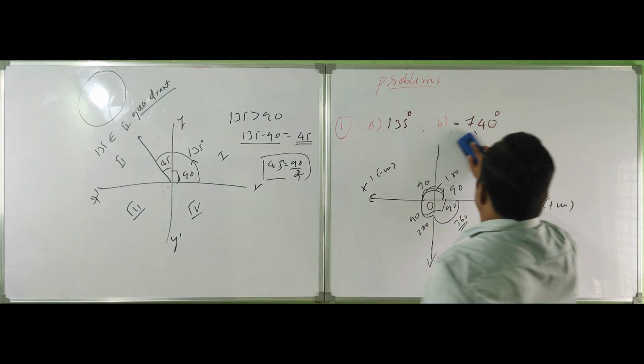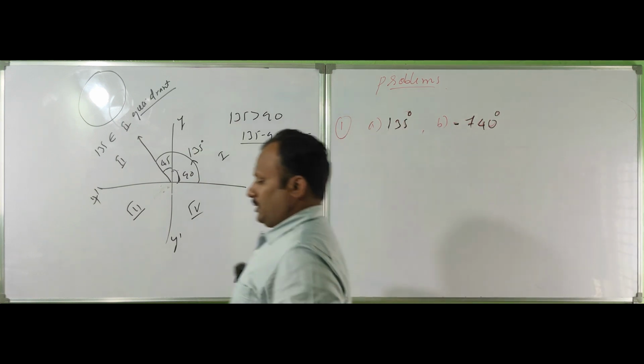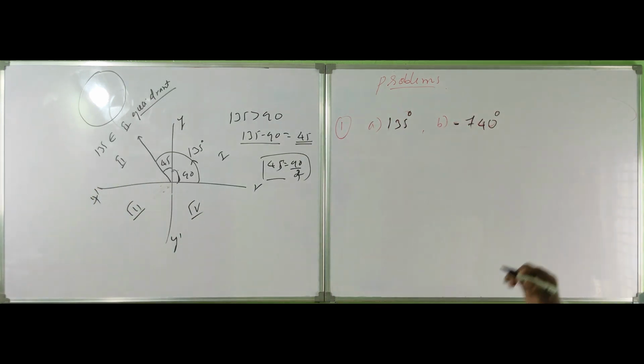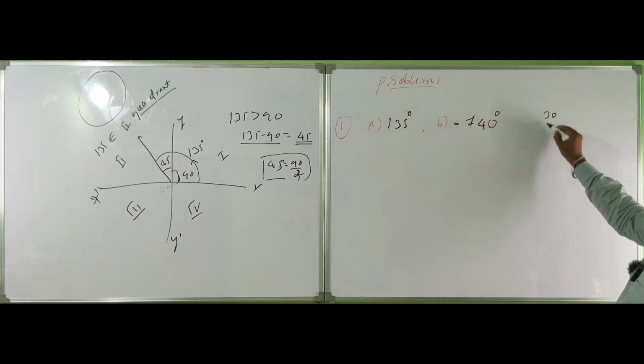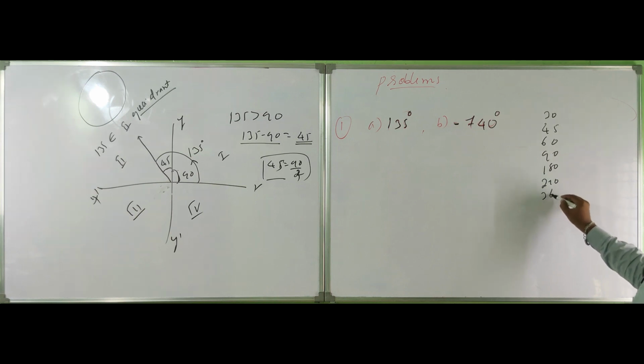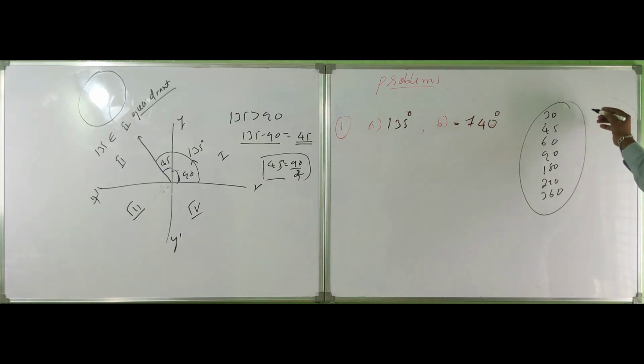For the second question, we have some basic standard angles: 30, 45, 60, 90, 180, 270, 360. These are the standard or reference angles. For 40, we can write 30 plus 10, to refer where it comes exactly.